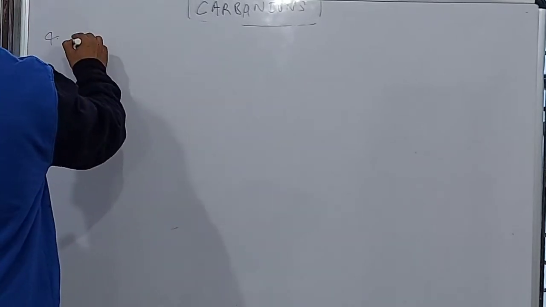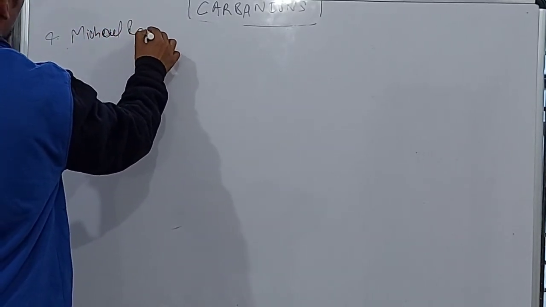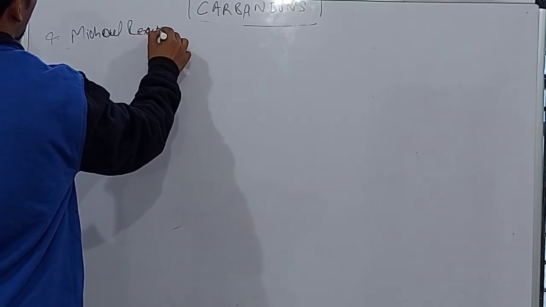Our next reaction is the Michael reaction, and in the Michael reaction there is addition of a carbanion with an alpha beta unsaturated carbonyl group.